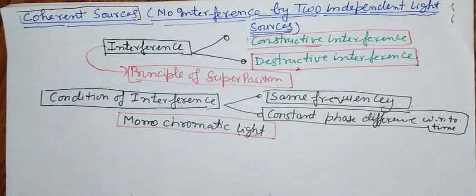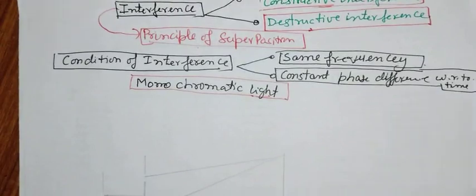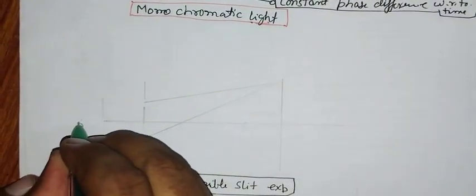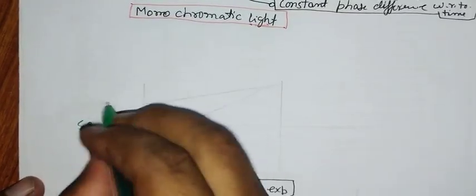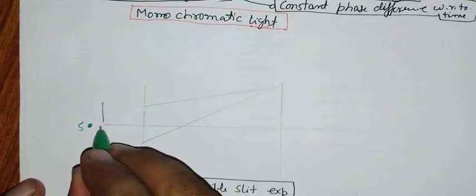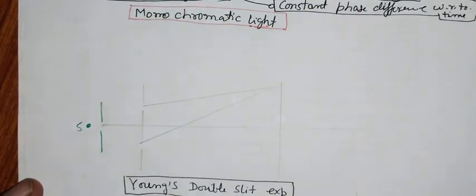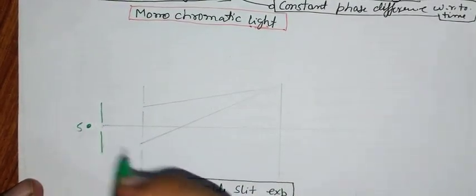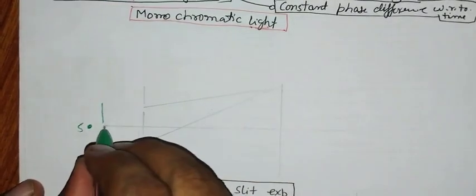Here in Young's double slit experiment, we take a monochromatic source, and we take an obstacle with one slit. This slit becomes the source of monochromatic light. Normally we take a sodium lamp for this purpose.